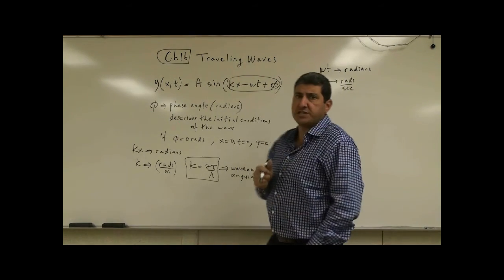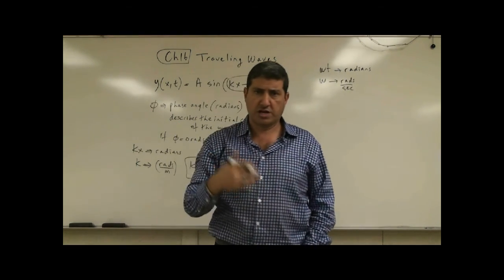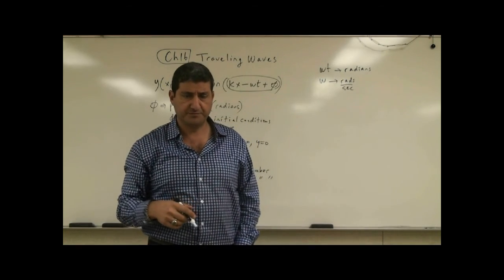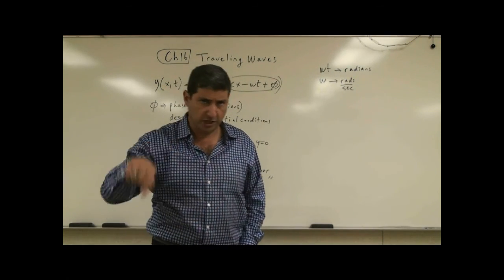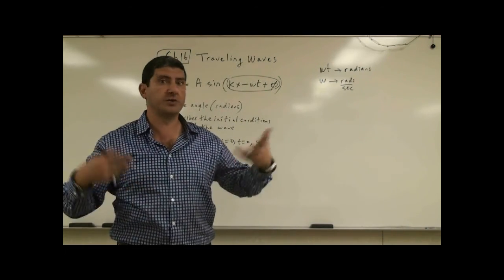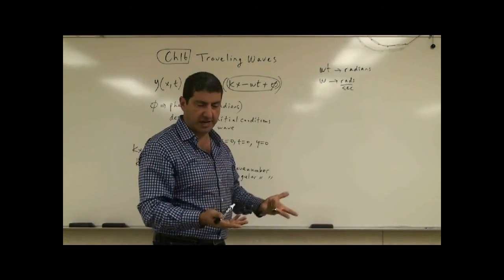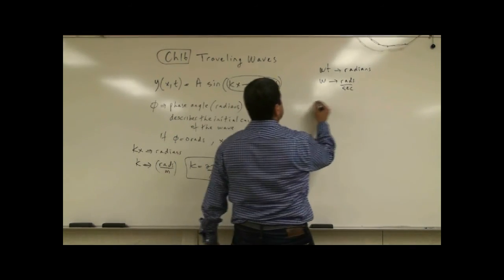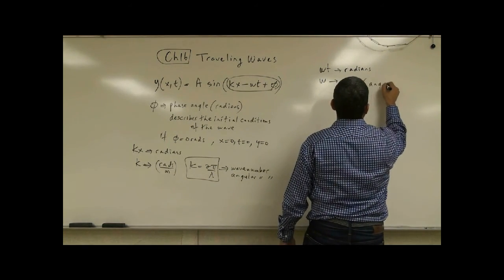We've actually seen this over and over when we talked about oscillations and rotation in physics 1. Omega keeps appearing again and again, and it always has the same units, rads per second. So this is known as angular frequency.